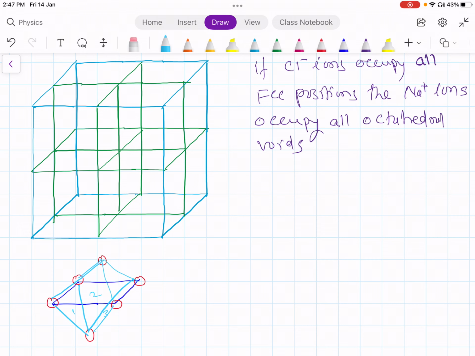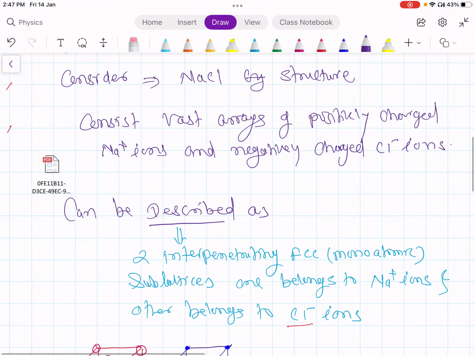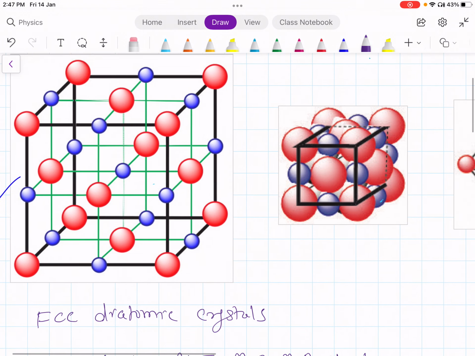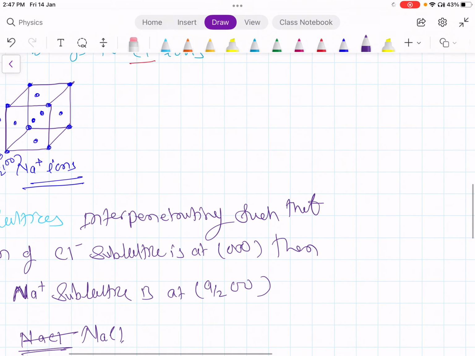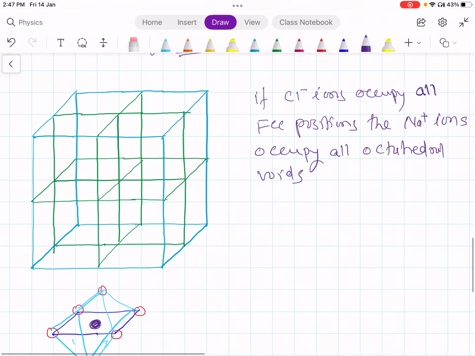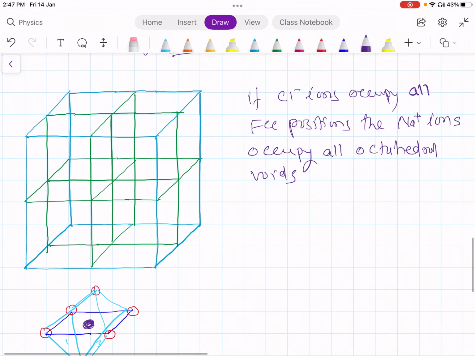At the center of this, there is a void. This void is surrounded by 8 faces, that's why it is called an octahedral void. Here I have shown the diagram. And these octahedral voids are formed at the body center and at the midpoint of every edge.